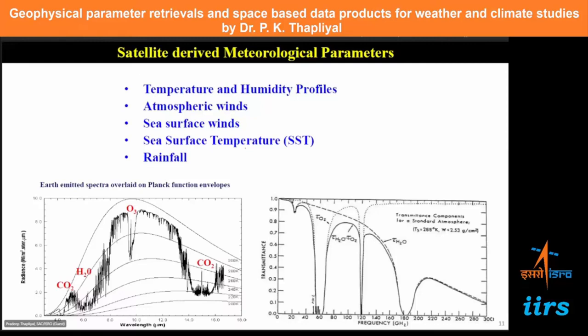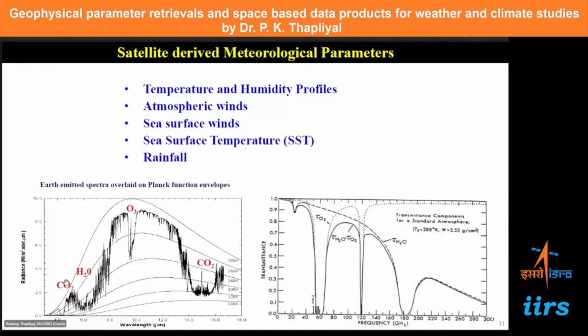Now we have to keep in mind that when we are going to discuss temperature and humidity profile retrieval, or various other parameters, we have to keep in mind what are those regions of the electromagnetic spectrum which are absorbing those electromagnetic radiations.